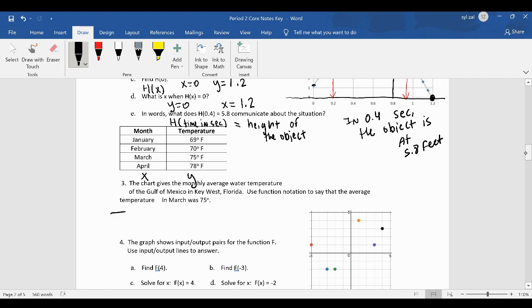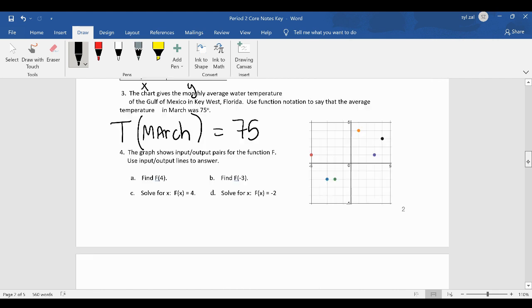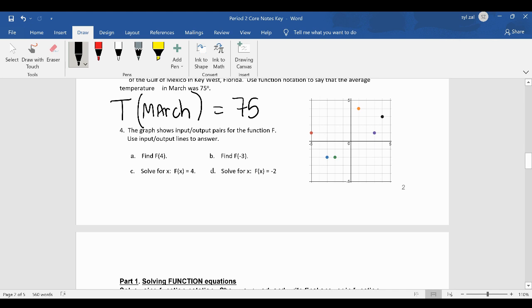So here you would say the temperature T of March is 75, exactly in this format. You put March in for the temperature and you get 75 out. And you don't want to just use M, because if you did T parentheses M, well, M could also be for May. Pause the video and please do number 4 on your own.